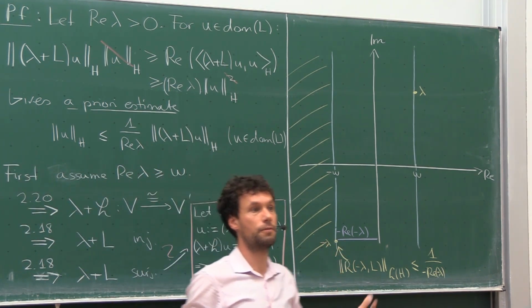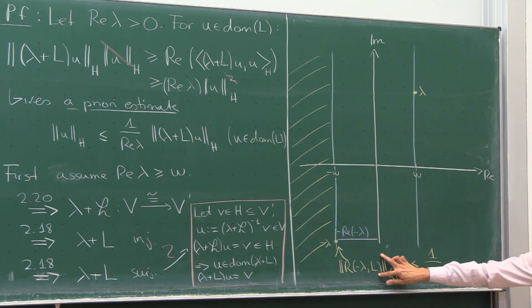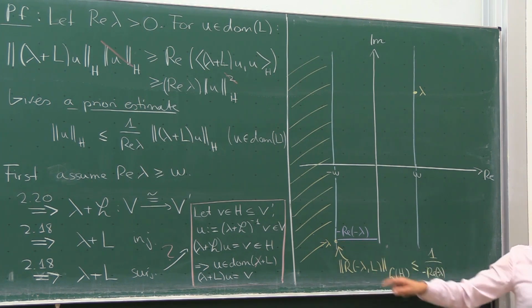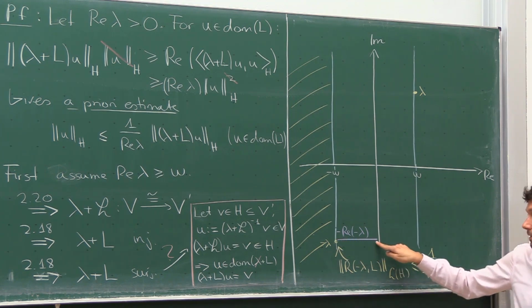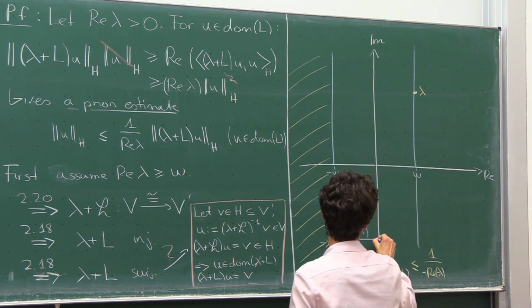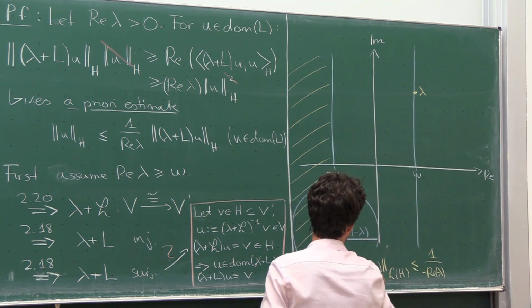And the radius of that very ball was at least as large as 1 over the norm of this resolvent. In other words, if I sit here, then at least I get into the resolvent set the open ball, the radius of which is precisely this distance to the imaginary axis. So around this point, I'm getting a ball into the resolvent set, which looks like this.